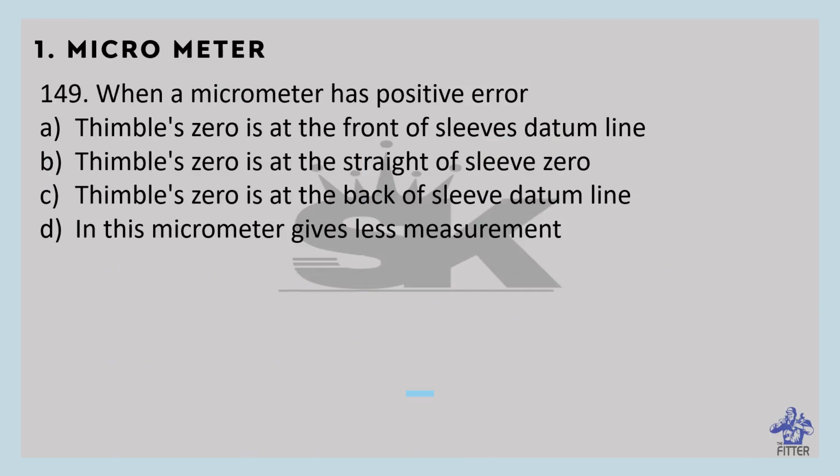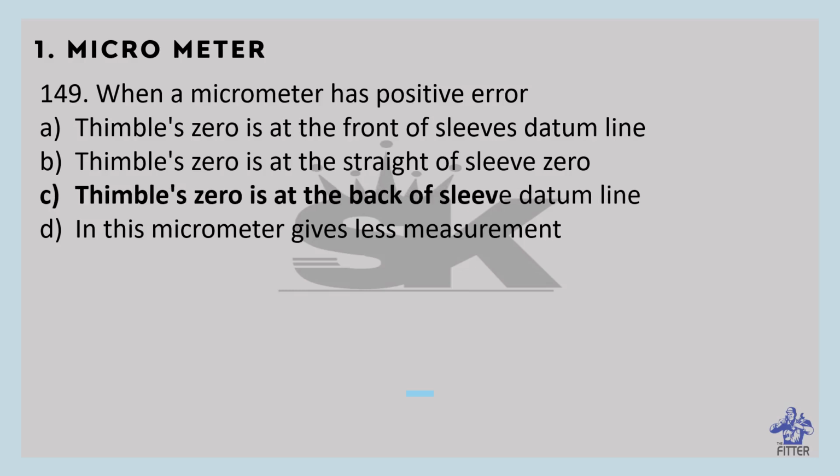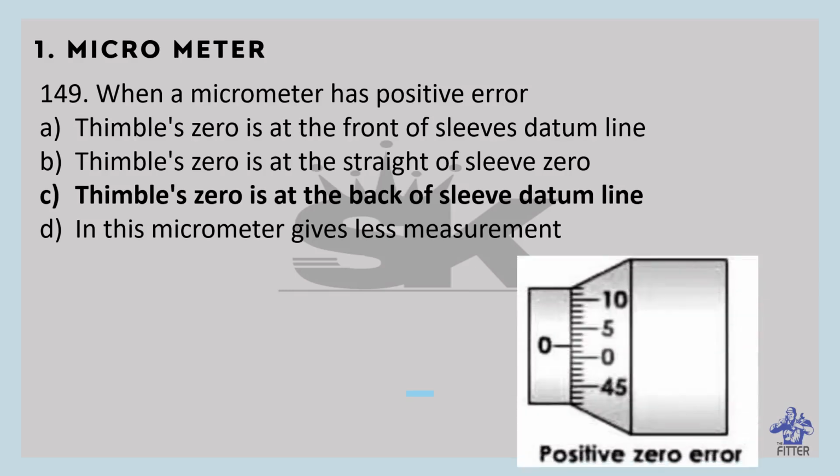When a micrometer has positive error, the thimble's zero is at the back of the sleeve's datum line. So option C. You can see here in the image, this is the sleeve's datum line, and this is the thimble's zero.